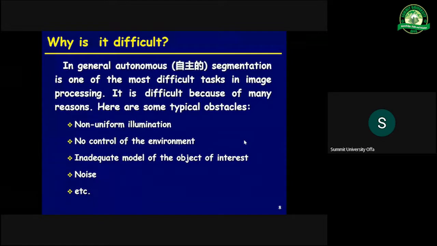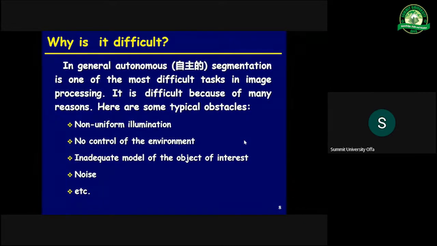Number one, you may have what is called uniform or non-uniform illumination. That is, one side of the image is looking brighter than the other side. Or you may have partial occlusion, where one side looks bright in the image while the other side is not.